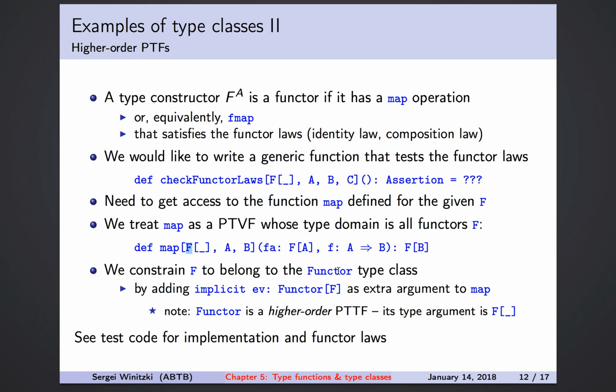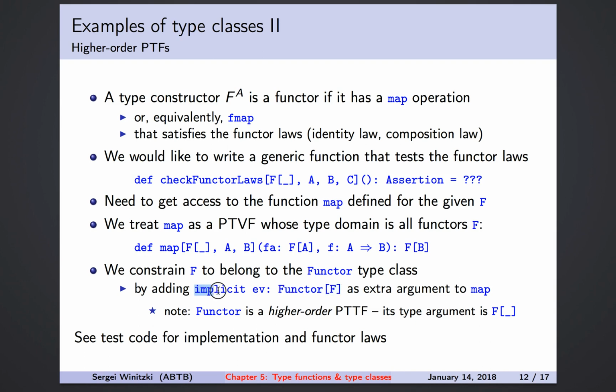Nevertheless, we just declare a partial type-to-type function called Functor, which will be called like this. Its type parameter is this F, which is this type constructor, and this will be well defined only for type constructors F for which we have defined the Functor instance.